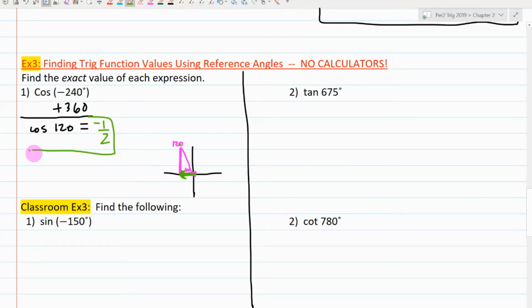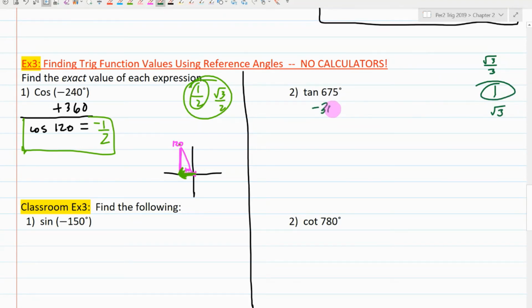That is a 60-degree reference angle. So I know that my answer is either going to be 1/2 or radical 3 over 2. Those are your only two choices for sine and cosine. And since it's the short leg, it will be the 1/2. And because it's going to the left, it's a negative. So for tangent, my choices are, again, radical 3 over 3, 1, or radical 3. Since that ends with a 5, it's going to be a 1 or a negative 1 because that means it's going to be a 45-degree reference angle.